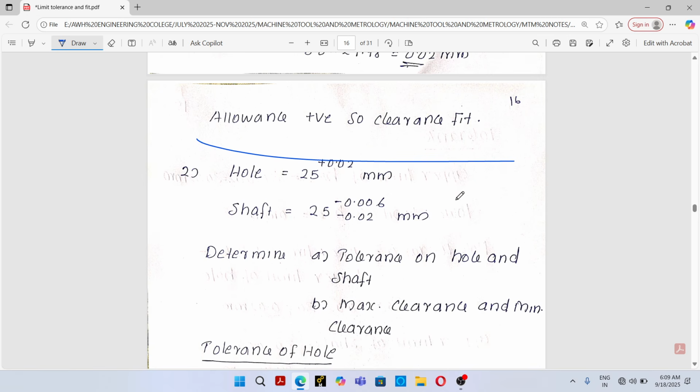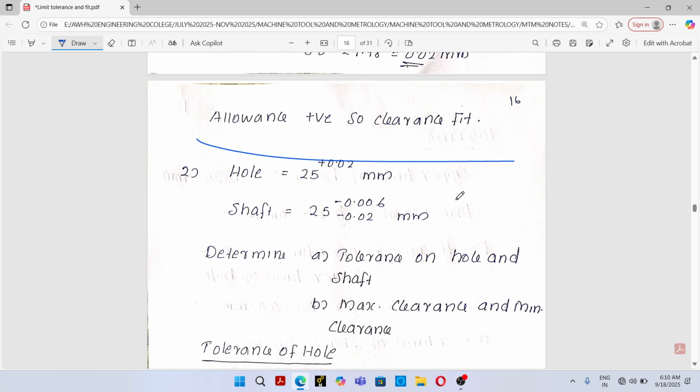The hole is given as basic size 25, upper limit plus 0.02 mm. Shaft basic size 25 mm, then the limits are minus 0.006 and minus 0.02 mm. So determine tolerance on hole and shaft and maximum clearance and minimum clearance.